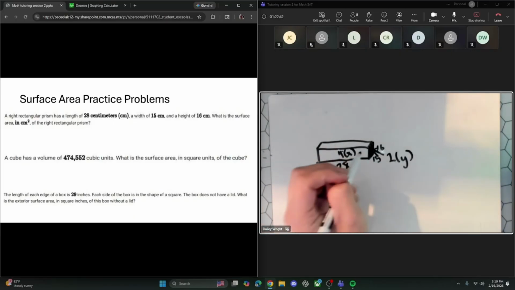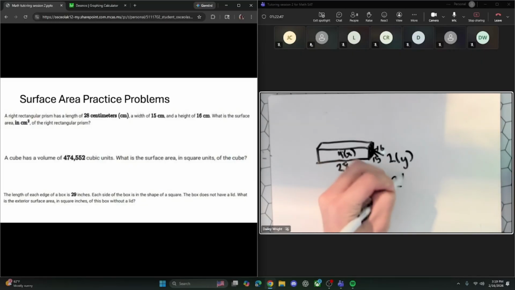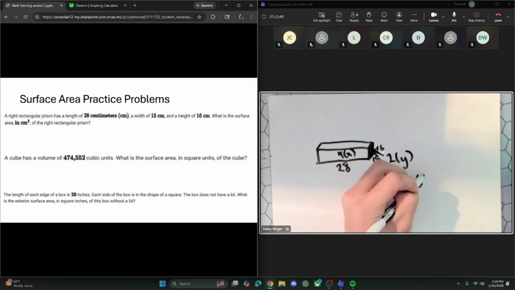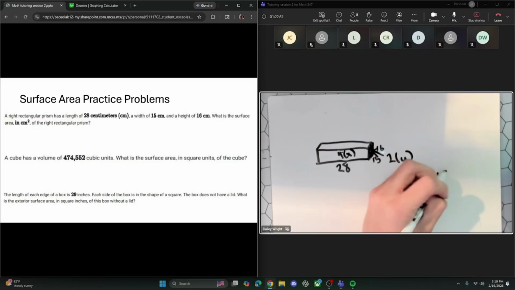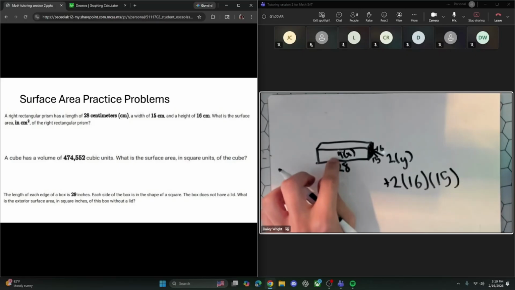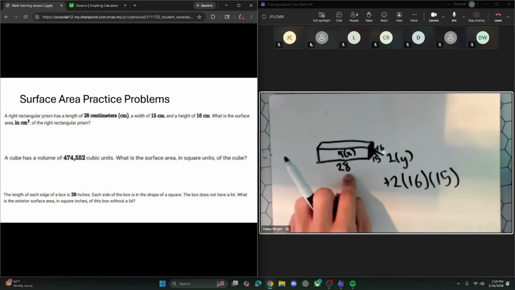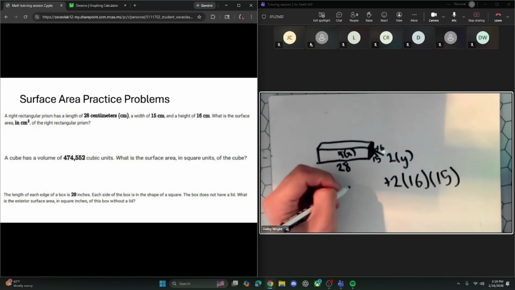So y, the area of this, is going to be 16 times 15. So it's 2 times 16 times 15. And then you're adding this 4 times x to it. The area of this, which is x, is going to be 16 times 28.